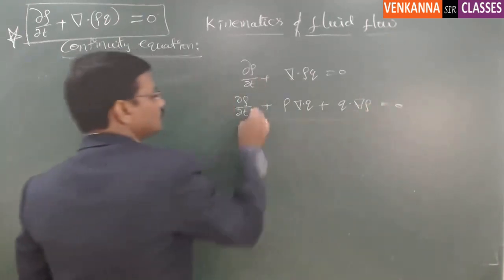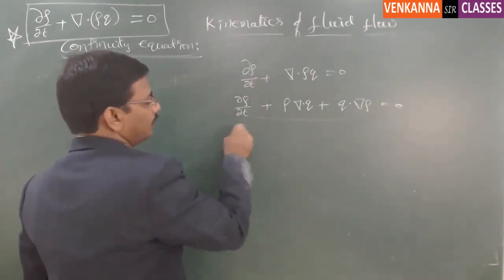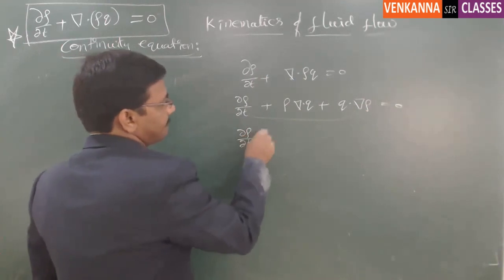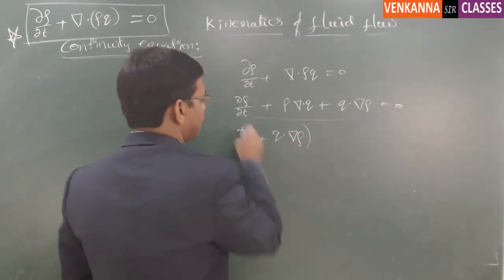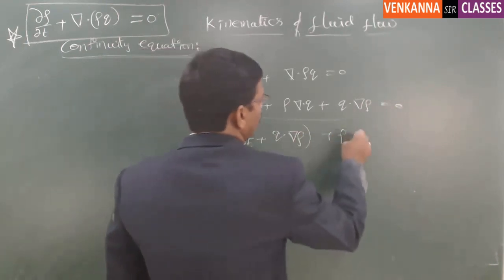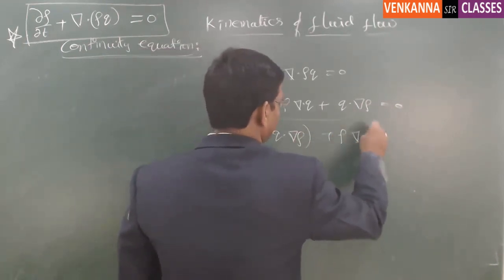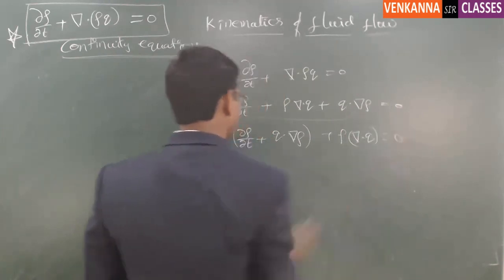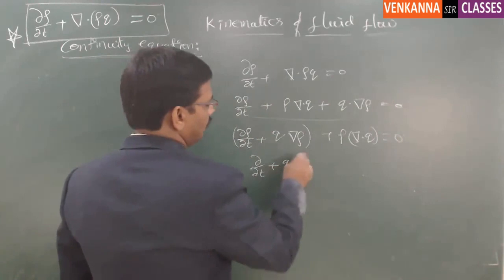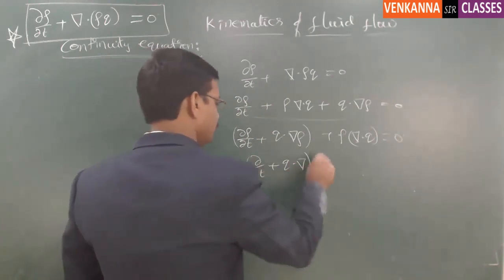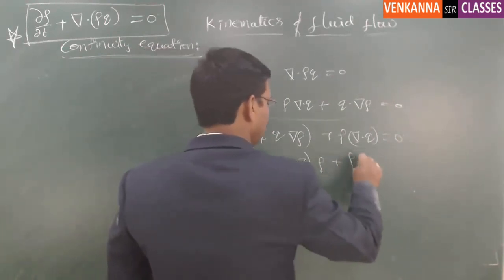If I write these two together, dou rho by dou t plus q dot del rho plus rho into del dot q equal to 0.